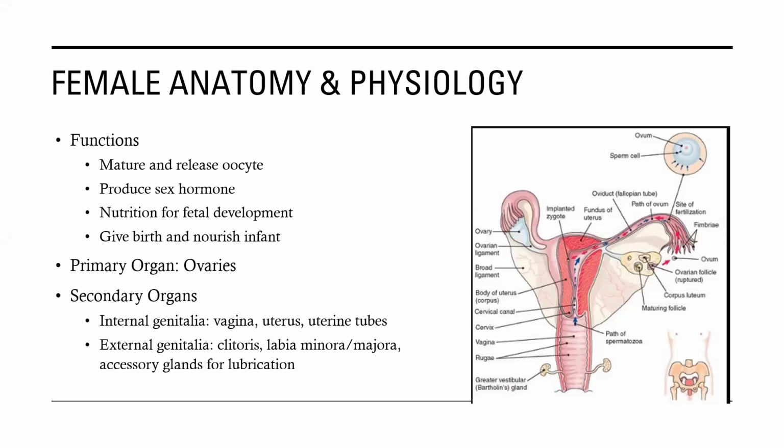Essentially, it's the organ that produces the oocyte. And then secondary organs are anything that helps that oocyte make its way into the uterus, develop, and then help the female give birth. That includes the internal genitalia like the vagina, uterus, and uterine tubes, and external genitalia like the clitoris, the labia, and the accessory glands.